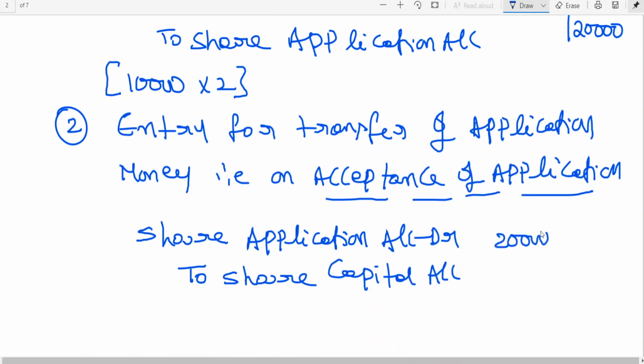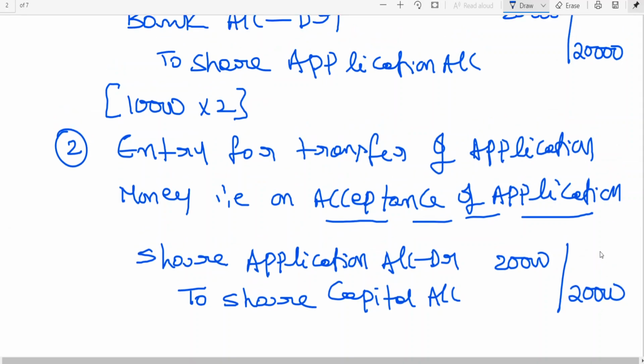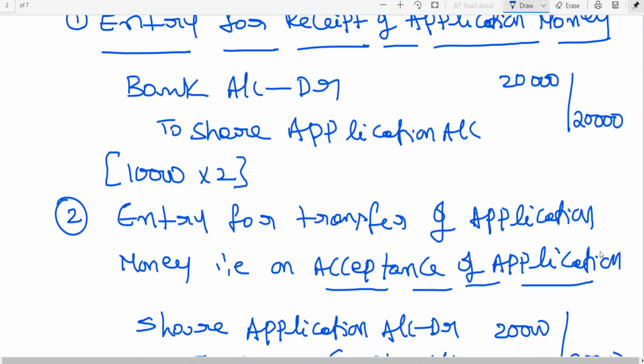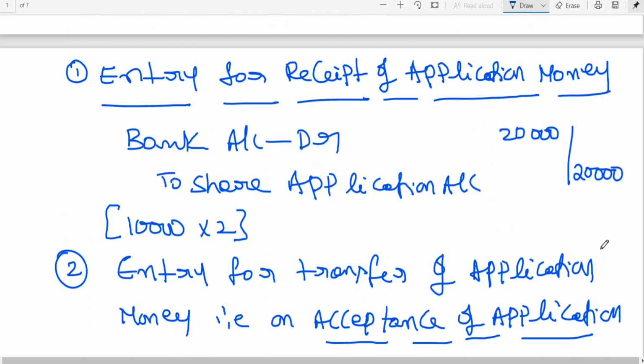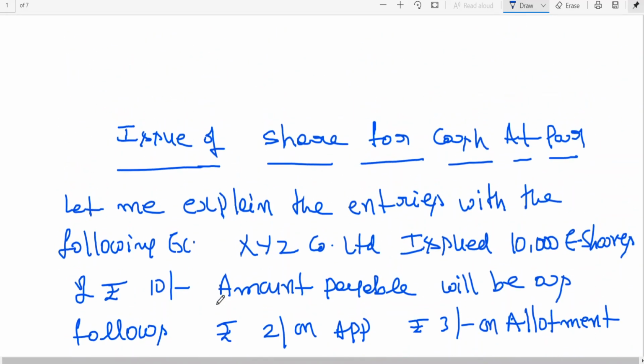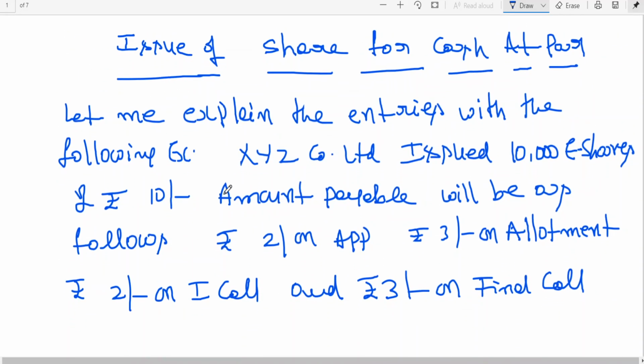Sir, what do you mean by this, sir? See, the moment company is receiving application, it doesn't mean that the shares will be allotted. It's just to explain that 10,000 shares have been applied. Here I have given an example: issue 10,000 equity shares, amount payable, and I think I need to add one more thing here.